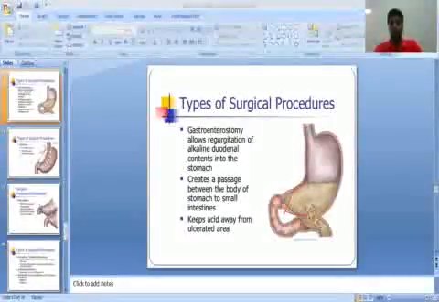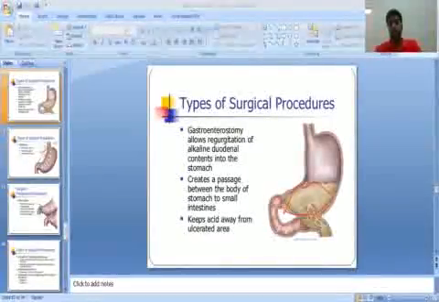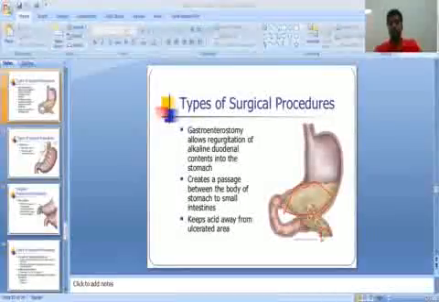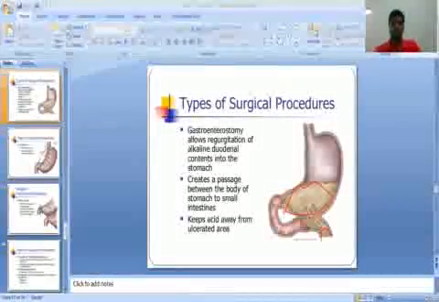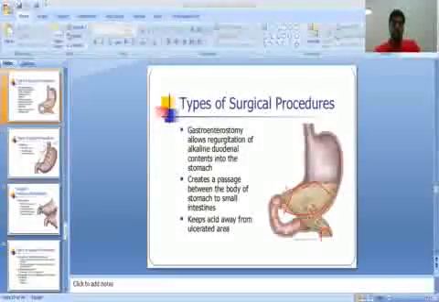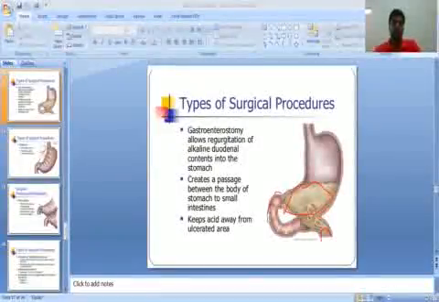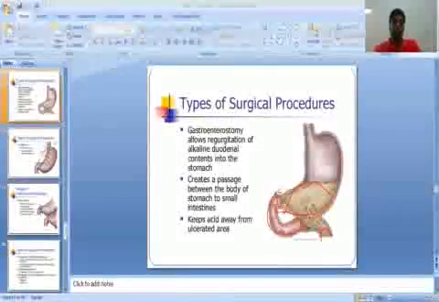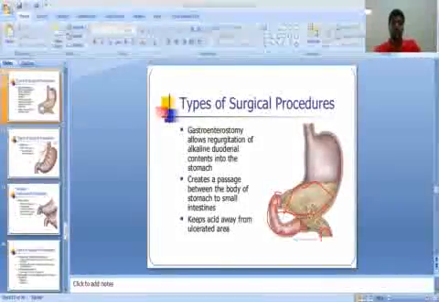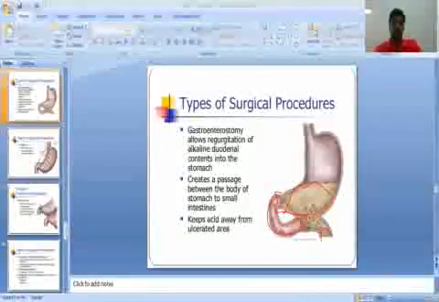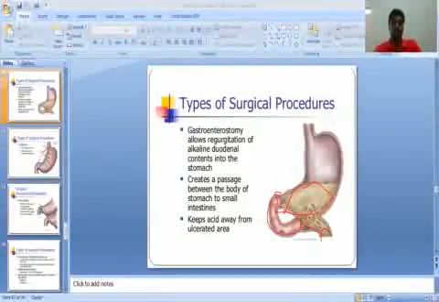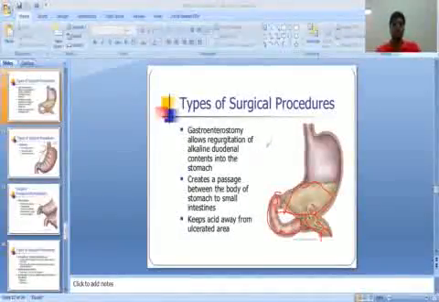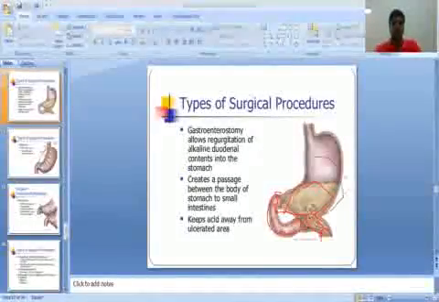This one is the body of the stomach, and it connects to the intestine. So we bypass the duodenal part and communicate from the body of the stomach directly to the intestine.